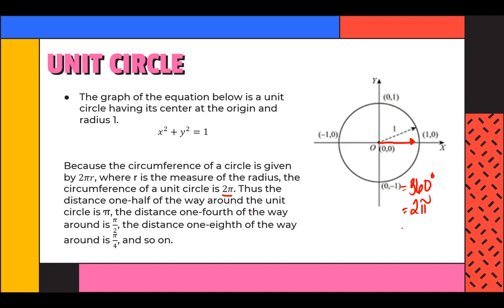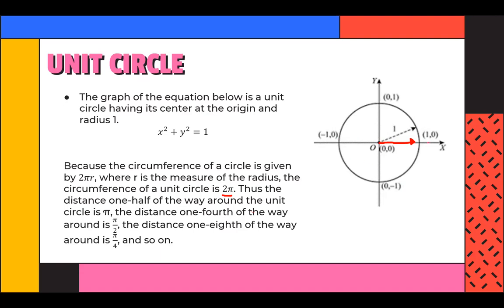That's why one complete rotation of an angle in radian measure is 2 pi, because it was derived from the unit circle. Thus, the distance halfway around the unit circle is pi.